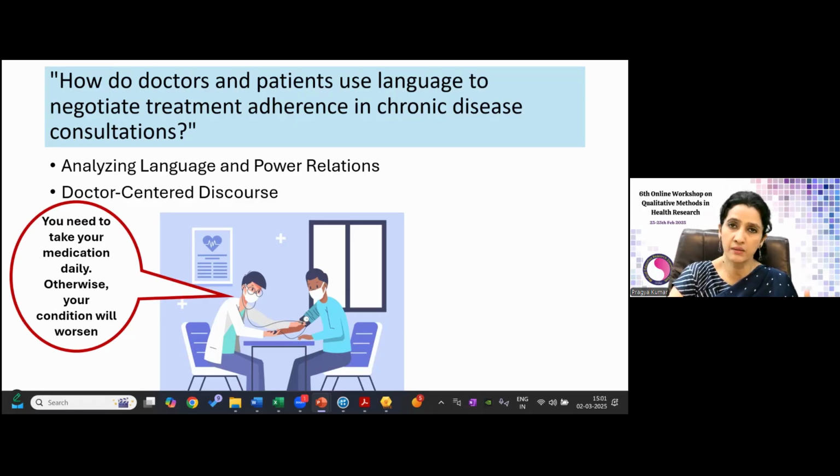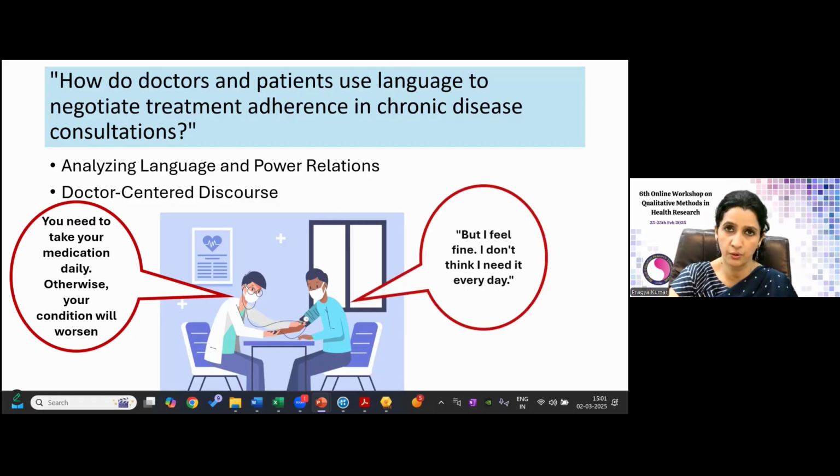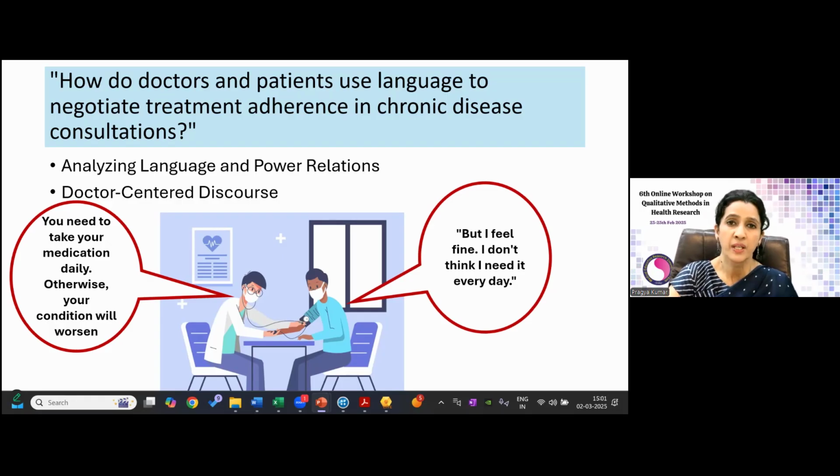And the patient who is listening to all these instructions might think, but I feel fine. That's what patients say when we are scaring them, an old person, saying you should take medicine. They will say, Doctor Saab, how much time is left? It's only 5 years. I'm 65, and in 5 years, even if something happens, I don't feel the need to take it every day.